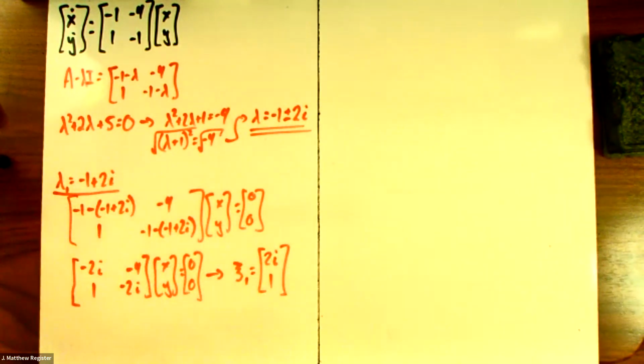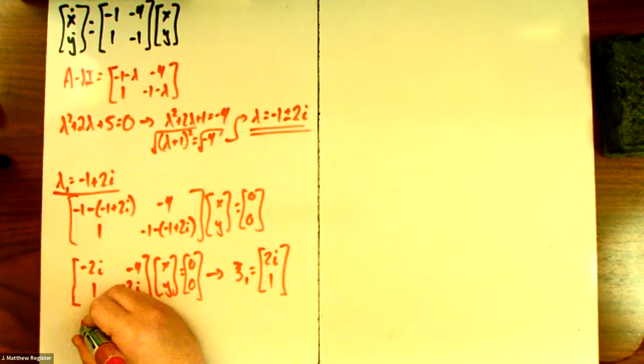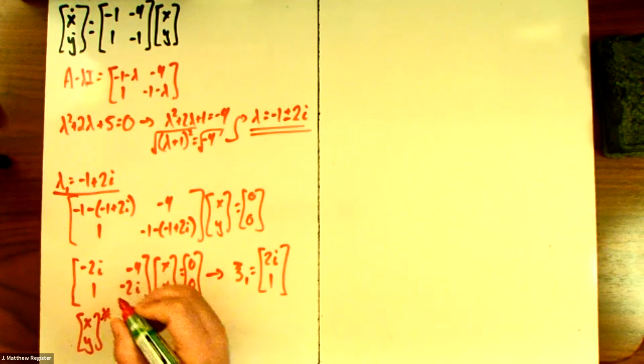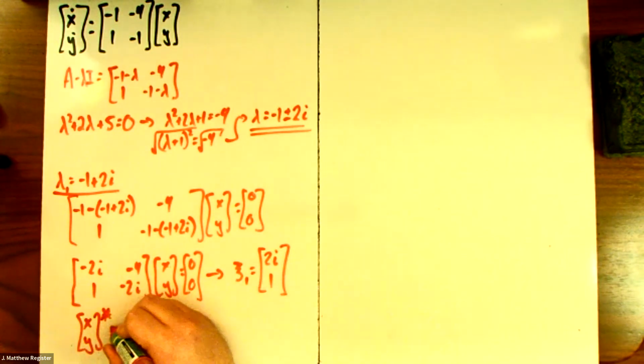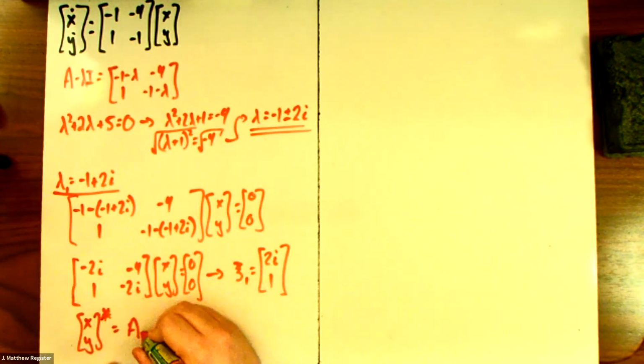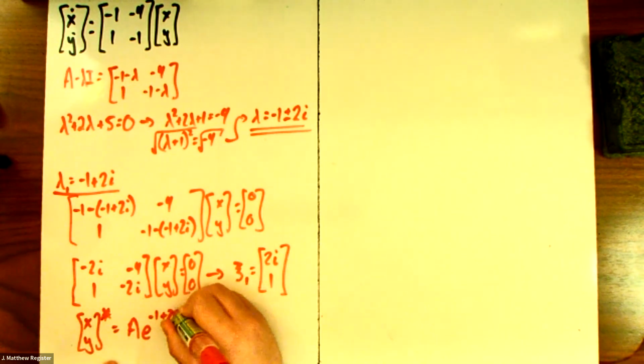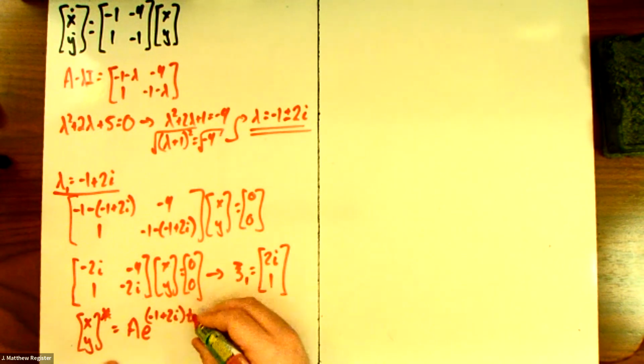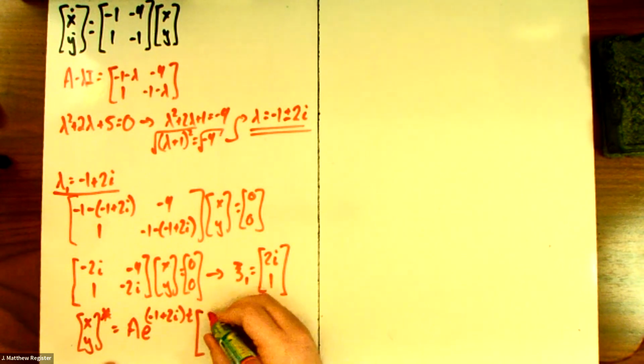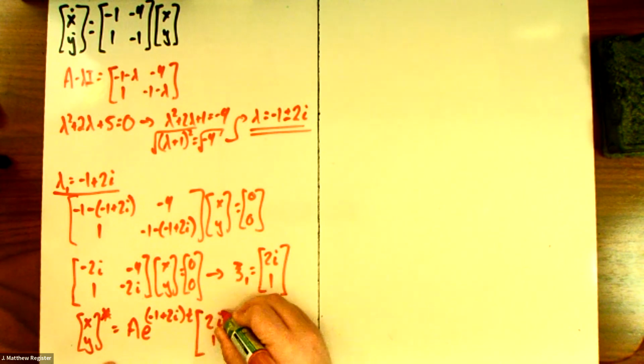And I'll even just write it down here real quick. x, y, and I'm just going to put a little asterisk here because this is not the actual solution. It's going to be equal to A e to the (-1 plus 2i)t times 2i and 1.